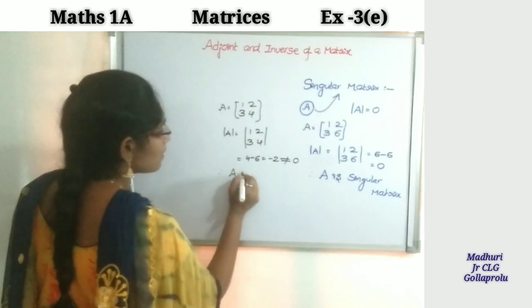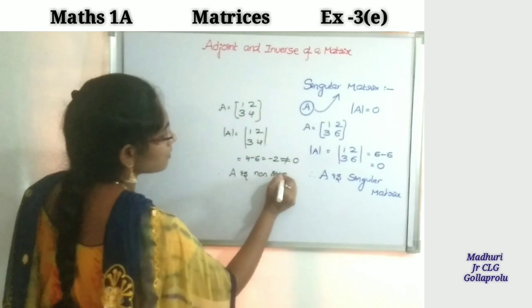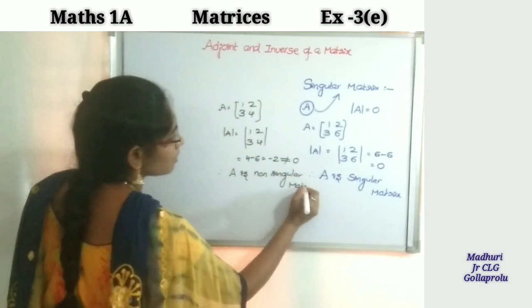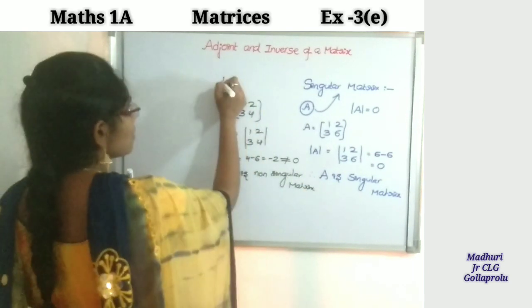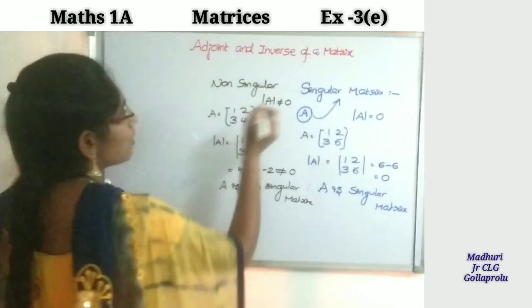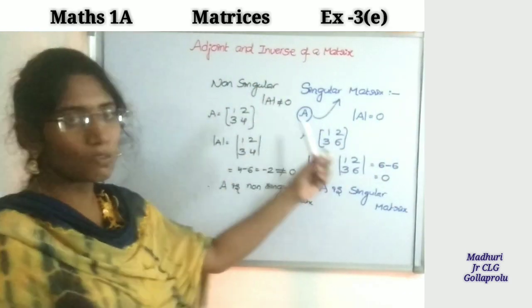Therefore, A is the non-singular matrix here, since det not equal to 0. So, singular means det A is equal to 0, non-singular means det A not equal to 0.